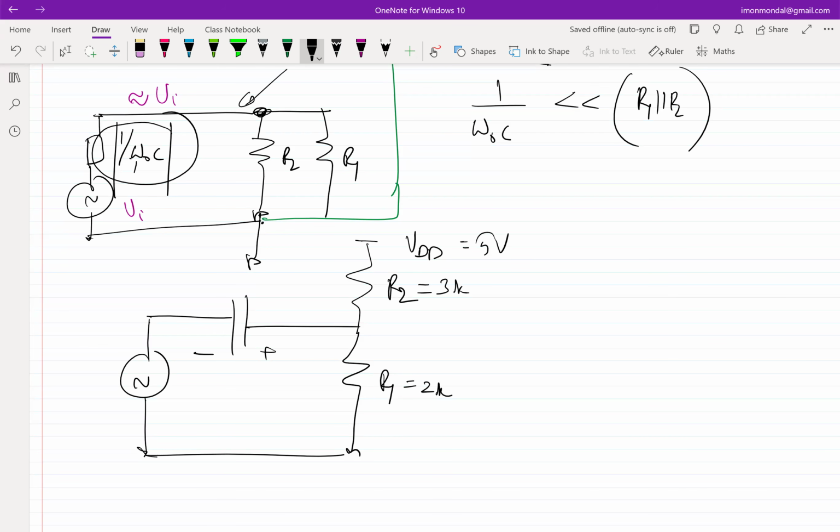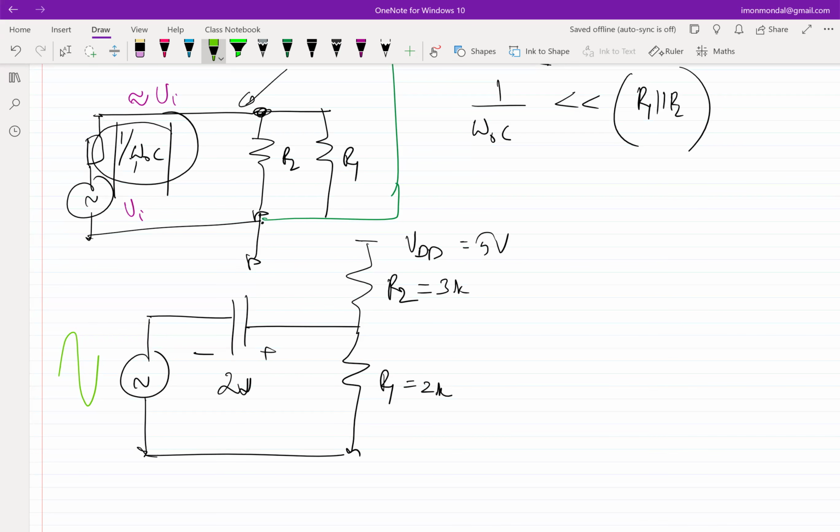Across the capacitor, how much will be the voltage ideally? Expected value? 2 volt, right? Because the capacitor is mimicking a battery of 2 volt. That's what we wanted, right? So when the input goes up and down, do you expect that 2 volt across the battery to change? No. So you don't expect the capacitor voltage to change, right?